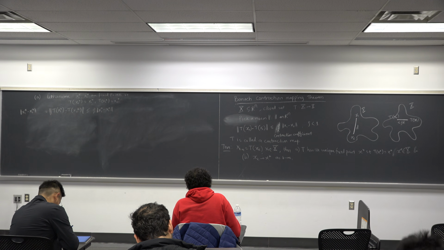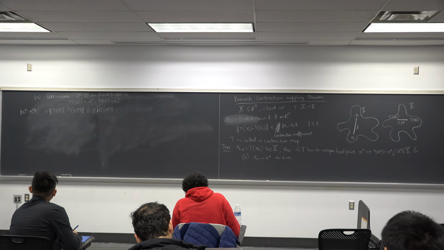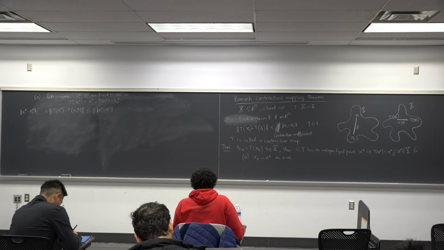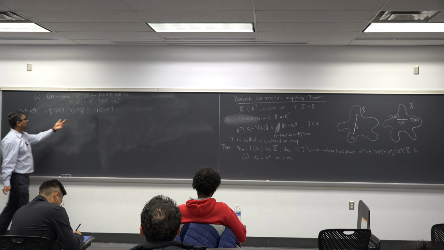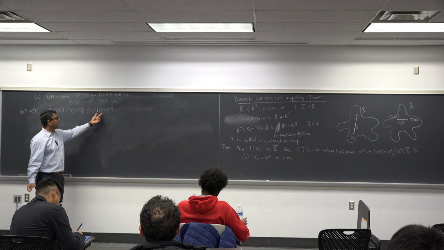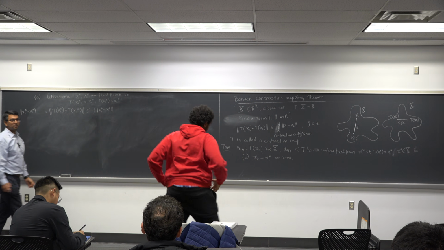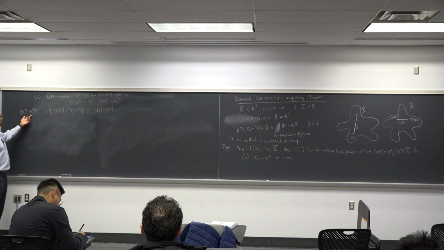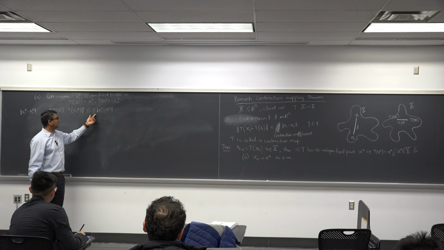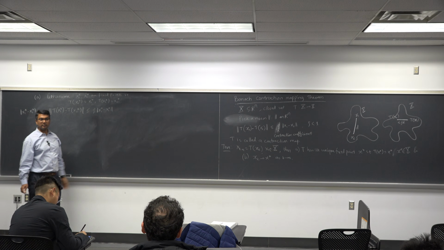So let's assume that T has multiple fixed points, x1 star, x2 star, x3 star, whatever. I'm just picking two of those fixed points. And I notice that the norm of x1 star minus x2 star is less than or equal to rho times the norm of x1 star minus x2 star. When can that happen? When can something be less than a factor less than 1 times the same something?